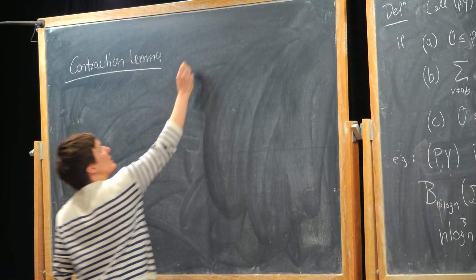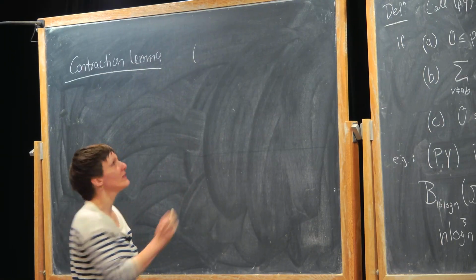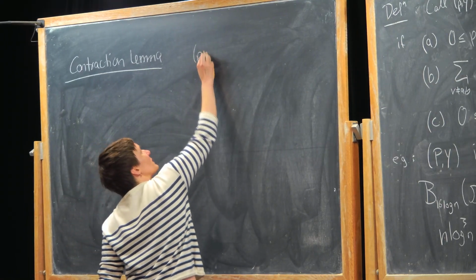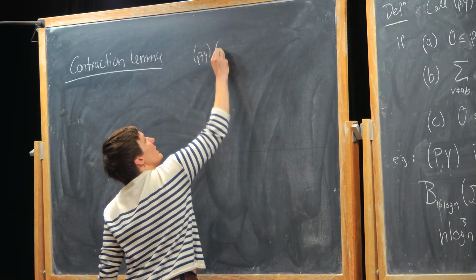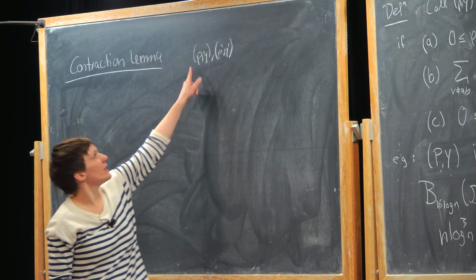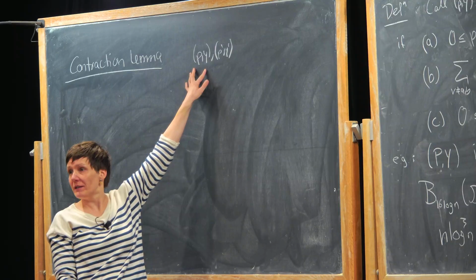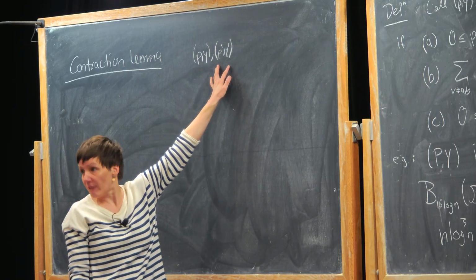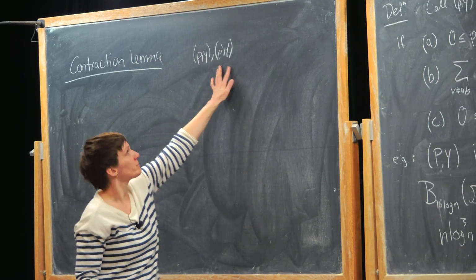What we need to assume is that we have two pairs of functions, P, Y and P prime, Y prime. You should think of this as the pair of real probabilities and this as a pair of approximations for them.